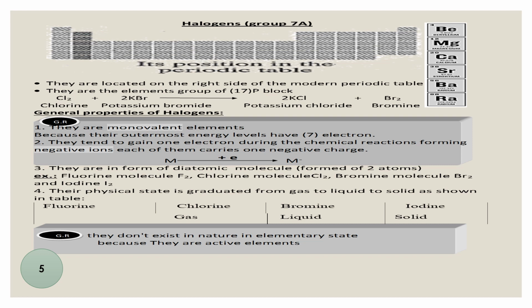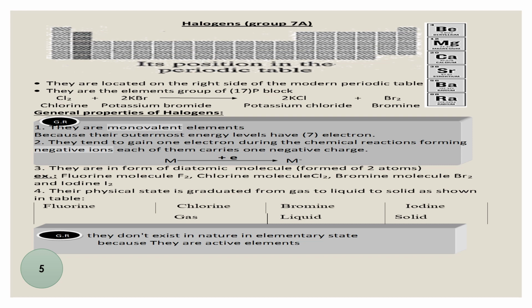In this group we will talk about what? First, they are monovalent elements. Why? Because their outermost energy level contains 7 electrons and they tend to gain 1 electron and change to negative ion that carries 1 negative charge. And they are in the form of diatomic molecules.